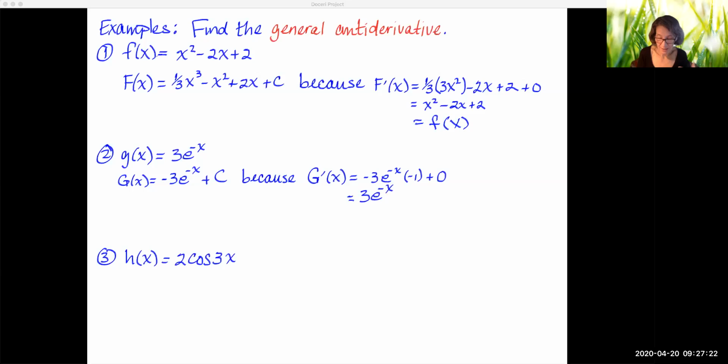And that's +3 e to the negative x, which is little g of x. So we had to take into account that minus sign, that negative x in the exponent, using the chain rule. That affects our derivative.